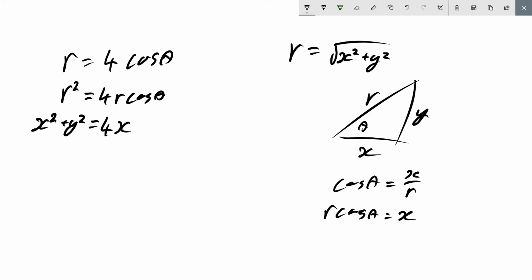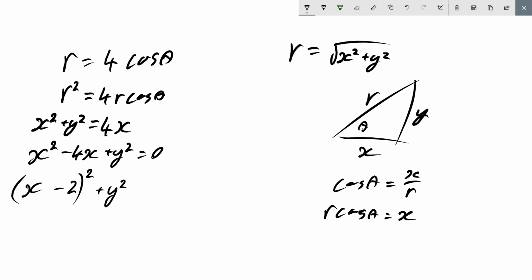Now we can transpose this 4x to the other side, so we have x squared minus 4x plus y squared equals 0. And I now want to factorize this using completing the square. So we have x squared, half of negative 4 is negative 2, squared, plus y squared, and then we need to minus 4 to keep it equal, but I'm going to transpose the 4 to the other side.